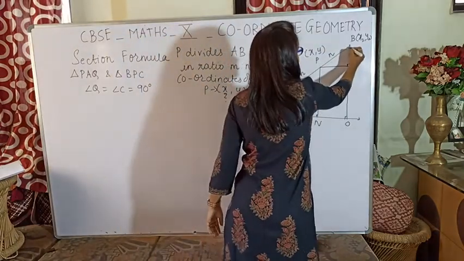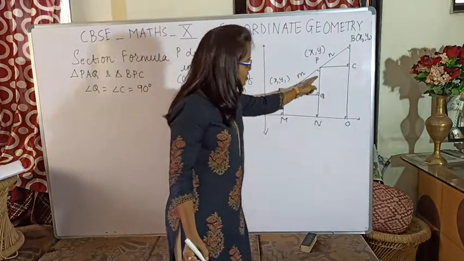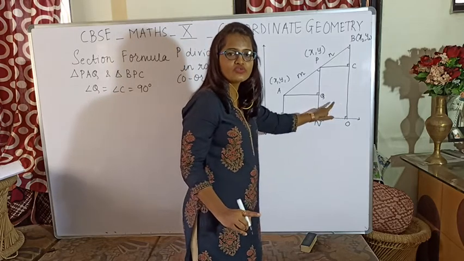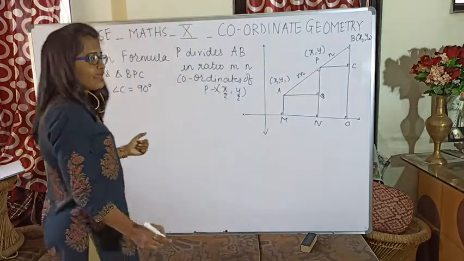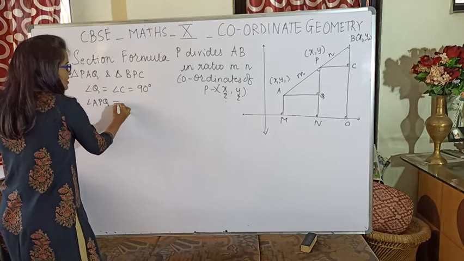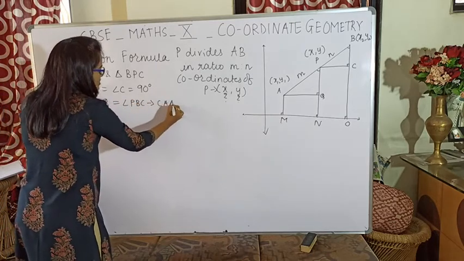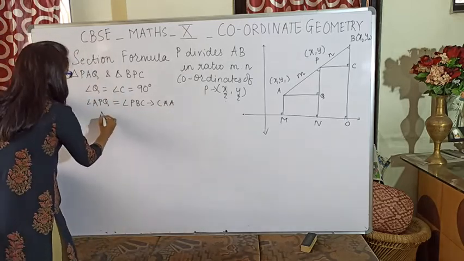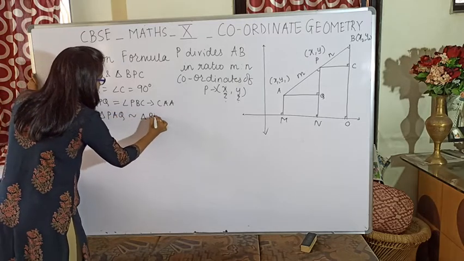Yes, because these two are perpendiculars, so they will be parallel to one another, and if these two lines are parallel, these two angles will be equal by the corresponding angle axiom. Hence angle APQ is equal to angle PBC.